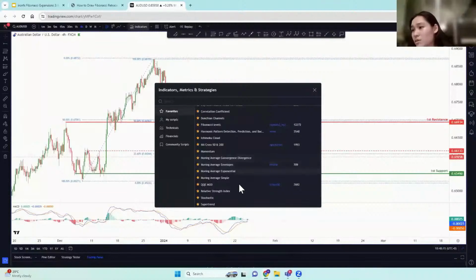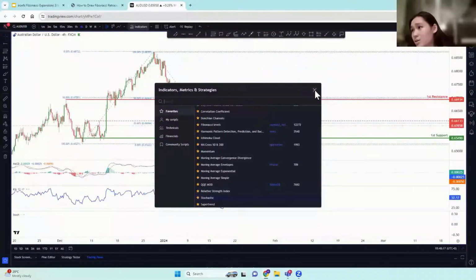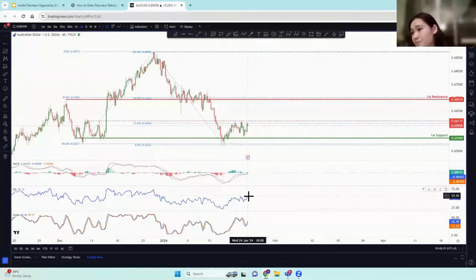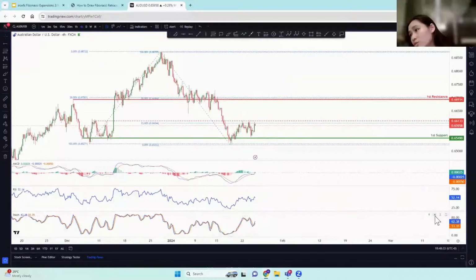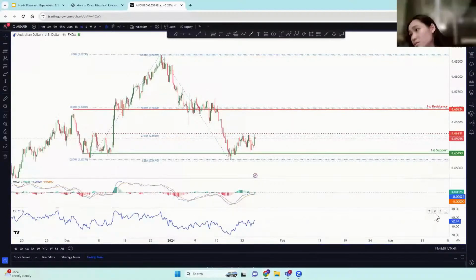Okay, let's look at our RSI and stochastic. They're both not telling us much.